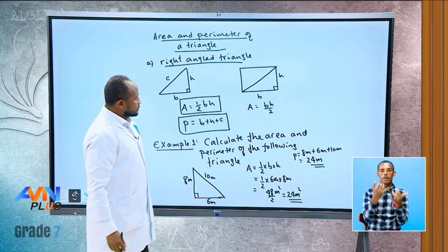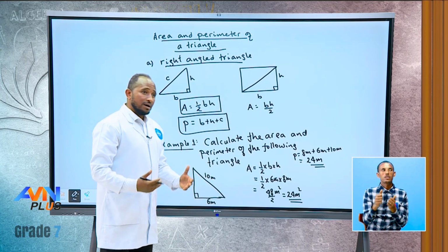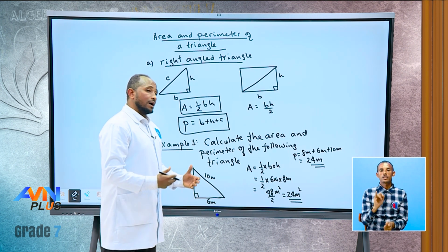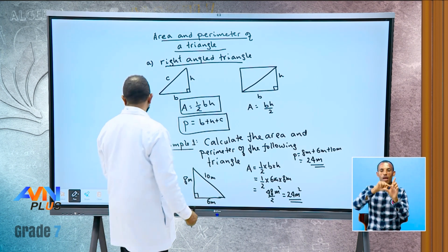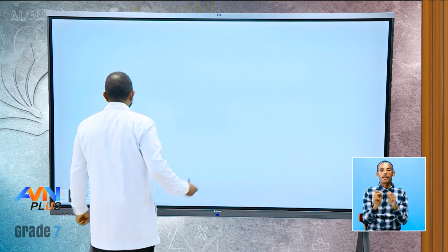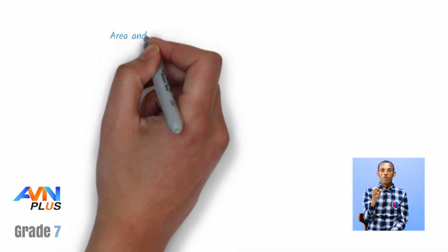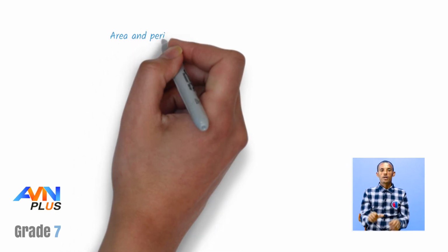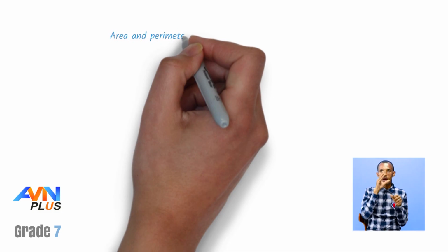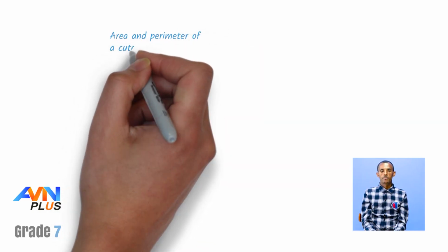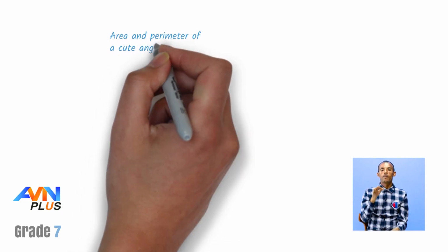Now let's proceed to the second type of triangle, which is the acute angled triangle. B, area and perimeter of acute angle triangle.